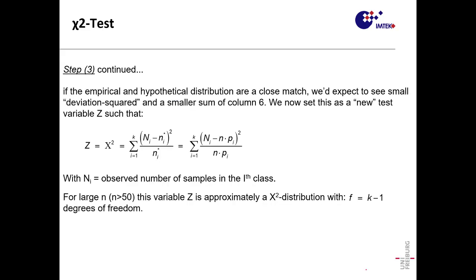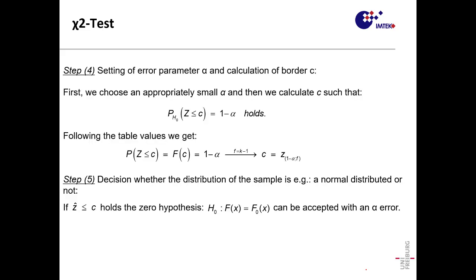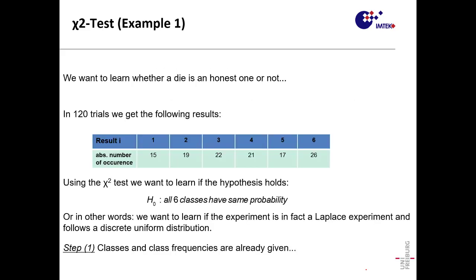And then with that you enter the table, but let me just skip ahead so you see what the example looks like. Let's say that we have a die, okay, as always, right? If it's an honest die, we know that the distribution should be flat, right? At 1/6 for 1, 2, 3, 4, 5, 6.